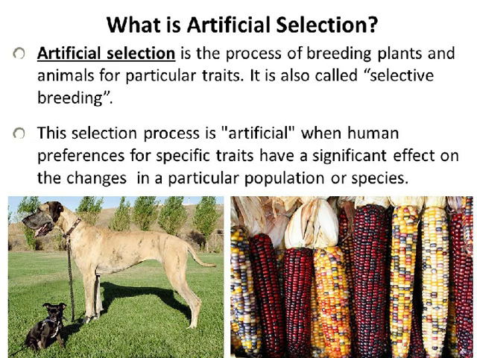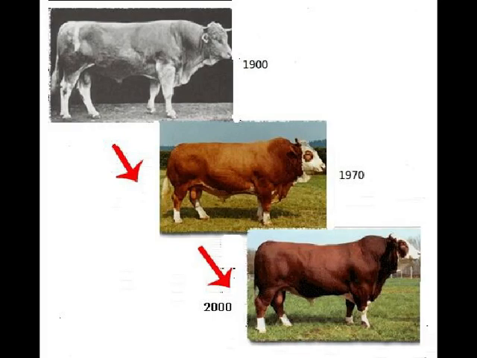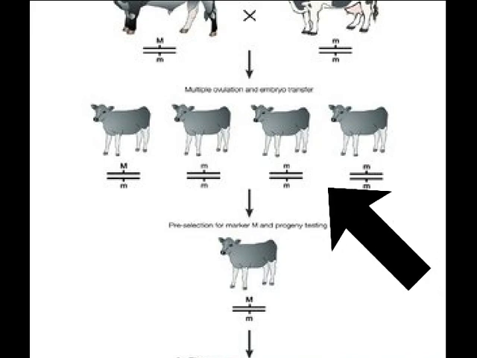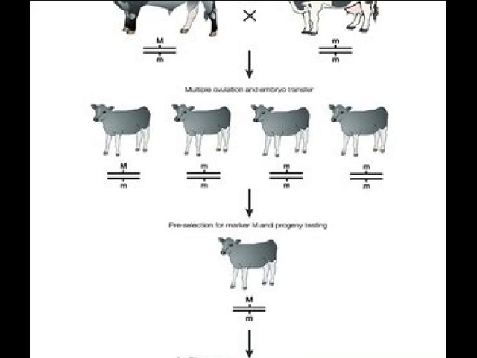Let's take a look at cows. By selecting cows which produce large amounts of milk and whose mothers and grandmothers were also high milk producers, and allowing them to mate with bulls whose mothers and grandmothers were also high milk producers, what will be developed then will be cows that produce more milk than their ancestors.